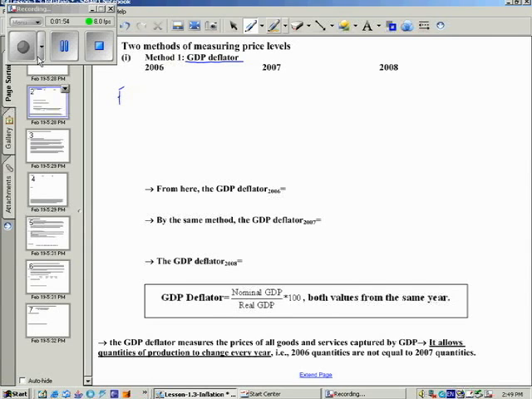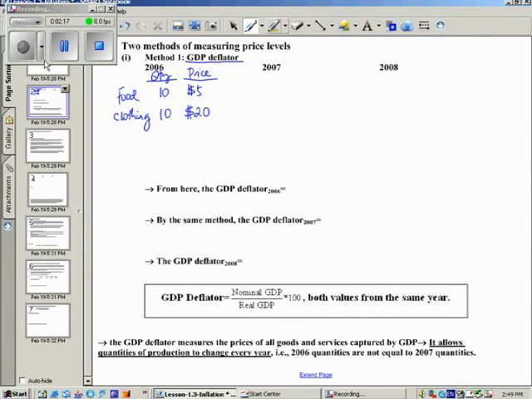We produced only two goods in 2006, food and clothing. And the quantities, remember from before, were equal to 10 units and 10 units. And the price per unit was $5 for food and $20 for clothing.